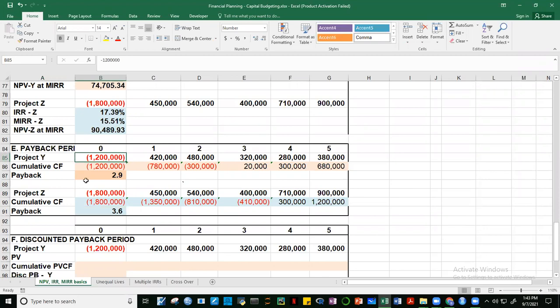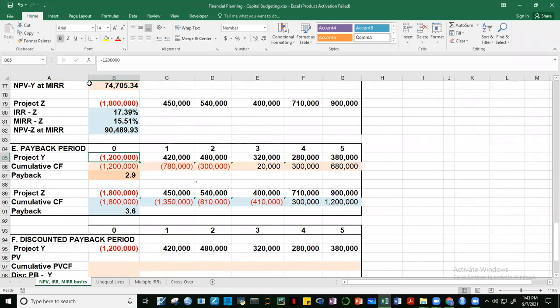Okay. So itong payback period guys, may theoretical flaw. Kasi ina-add natin guys yung mga cash flows, 'di ba? Kinukumulate natin when they belong to different periods, 'di ba? So that will violate the principle of the time value of money.